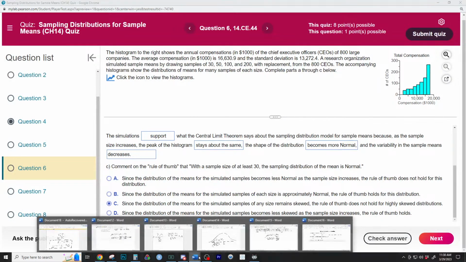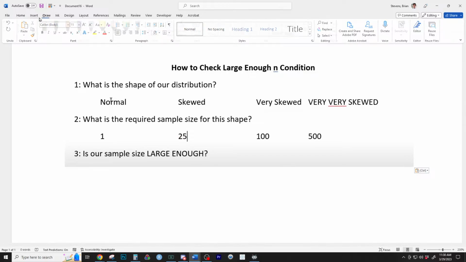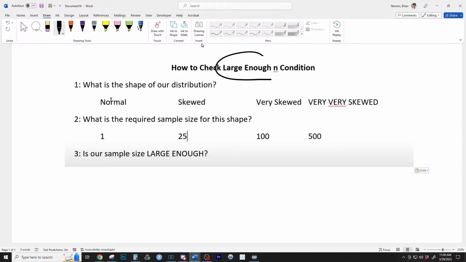For highly skewed distributions, you need a what? The more skewed the data is, you need a what or what?